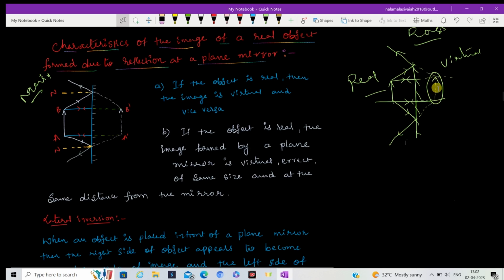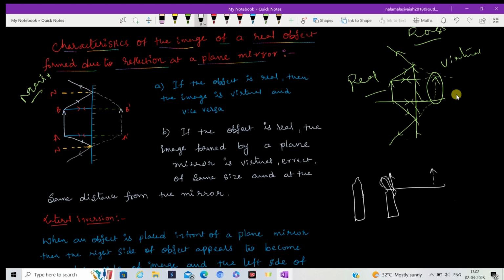So what type of image is forming here? Virtual erect. What is that? If you take the object like this, the image will also be the same. If you take a water bottle like this, the image will also be formed like this.